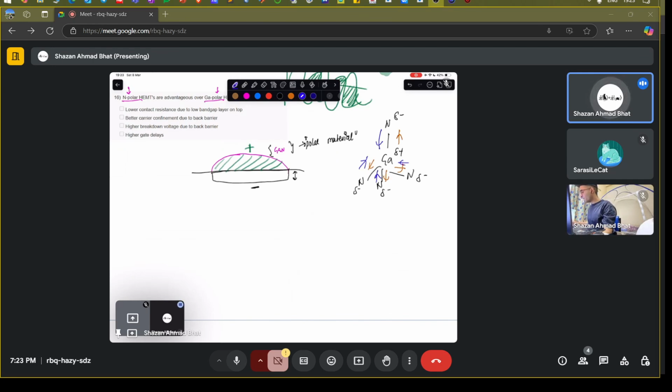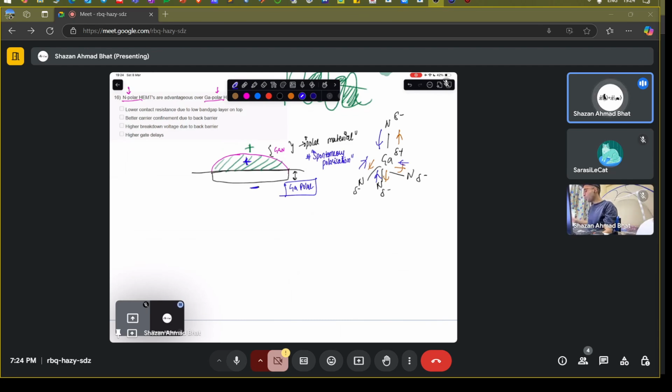That's what we have been discussing in a lot of previous classes. Because of these polarization fields, something called spontaneous polarization, this top surface behaves slightly as positive and the bottom side behaves slightly as negative. This is called gallium polar.